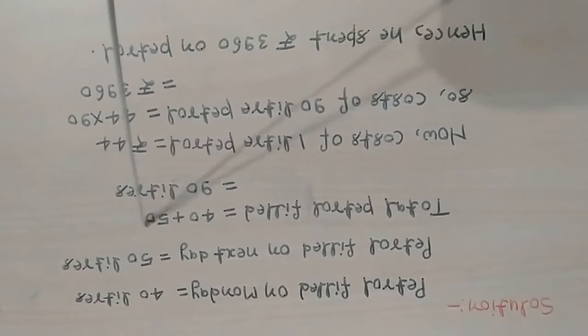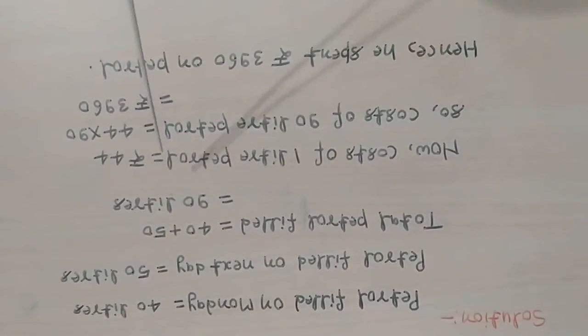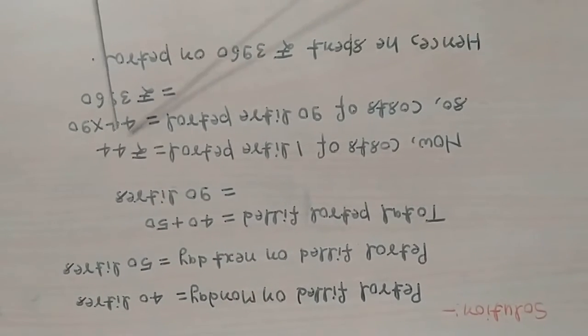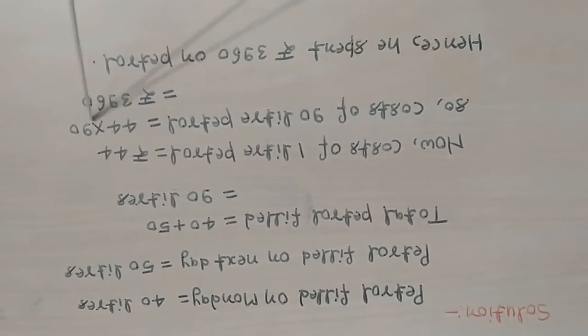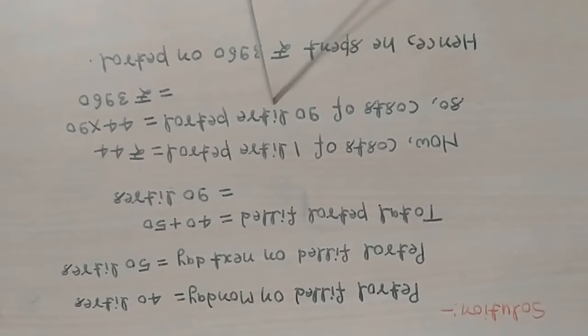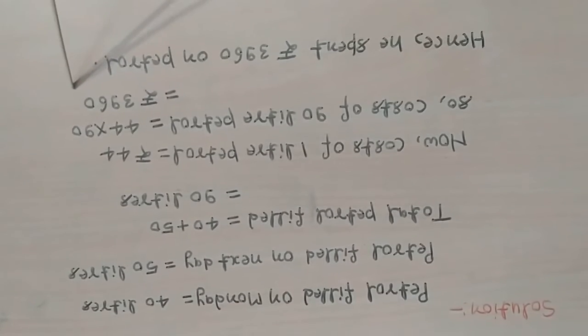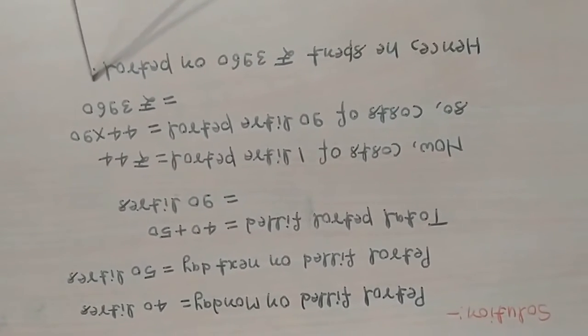So on Monday he filled 40 liters, next day 50 liters. The total petrol is 90 liters, and the cost of 1 liter of petrol is 44 rupees. So we find the cost of 90 liters of petrol. 44 into 90 becomes 3,960.